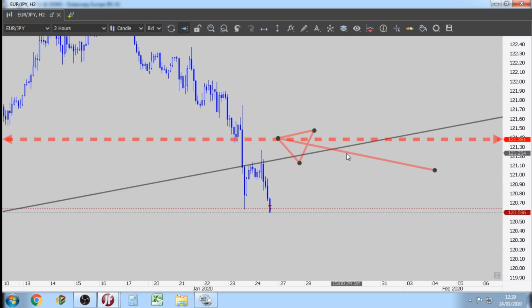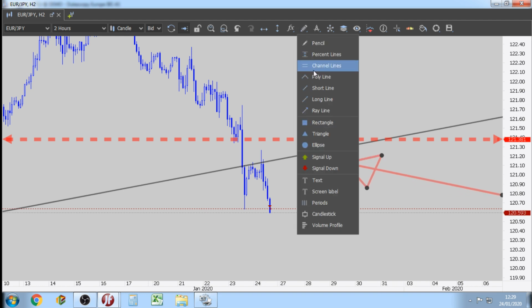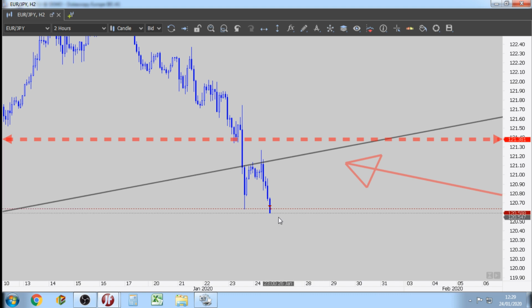Let me find the chart, Euro JPY. They put a hedge up in here, thinking that this is going to solve the problems. It will not. What you don't want, everybody, is this: the market falls down, then moves up and hits your hedge.